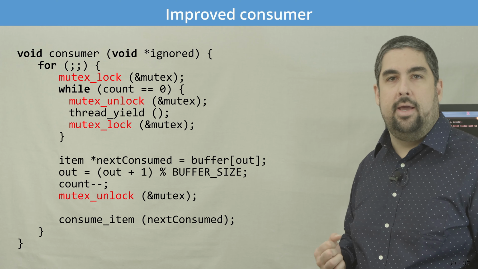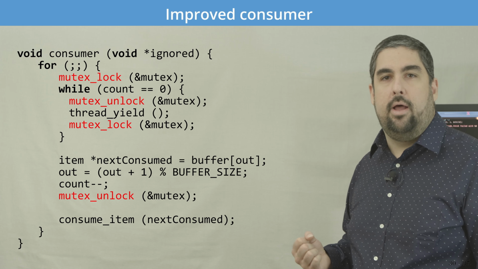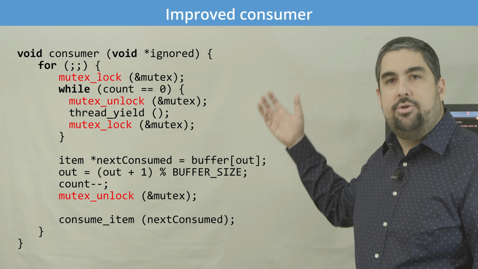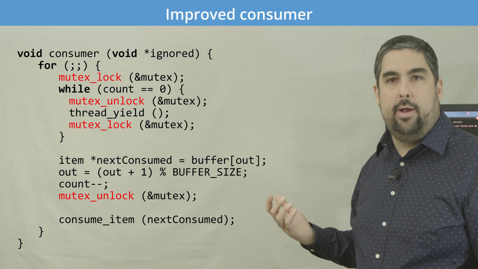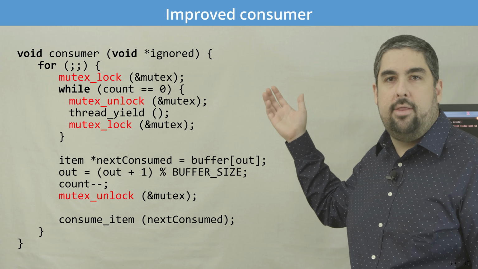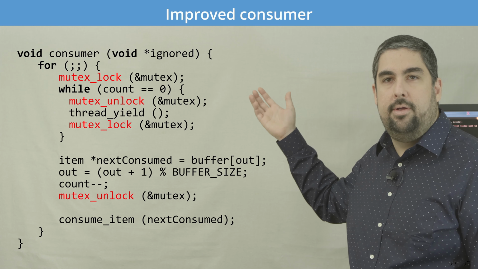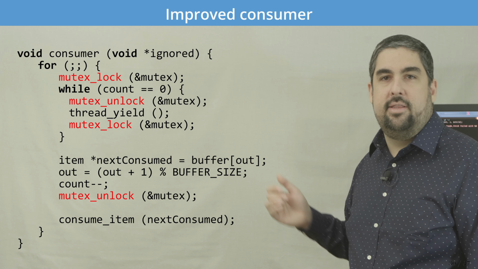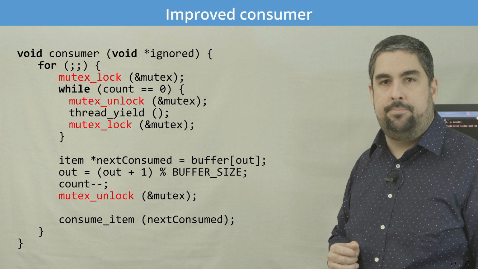Consuming and producing the item can be done outside of the lock. Assuming that that takes some time, this critical section will execute very quickly. It'll just be a few assembly instructions that check whether or not there's an item in the queue, read the item, and then increment and decrement the numbers out and count.